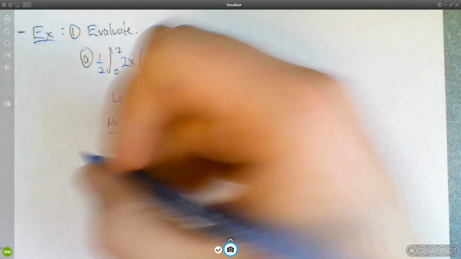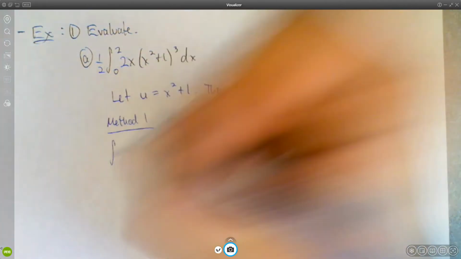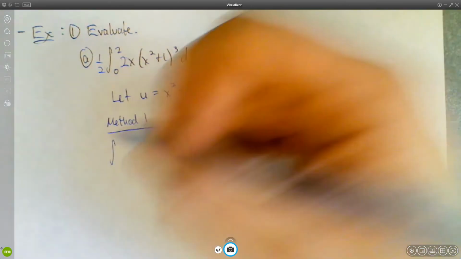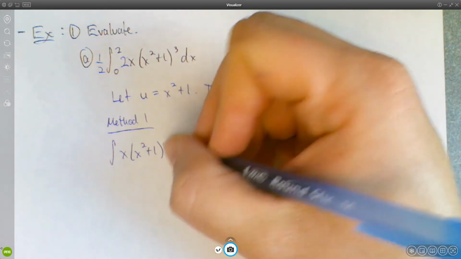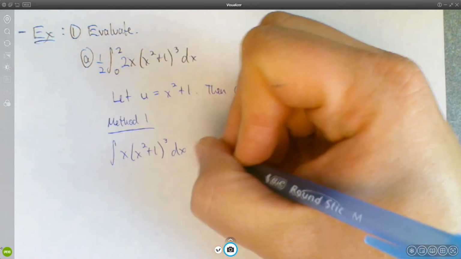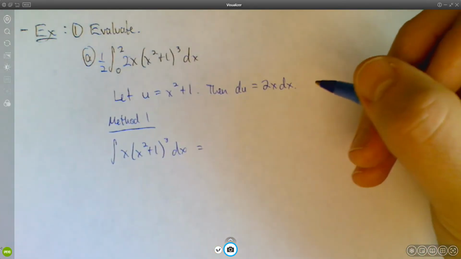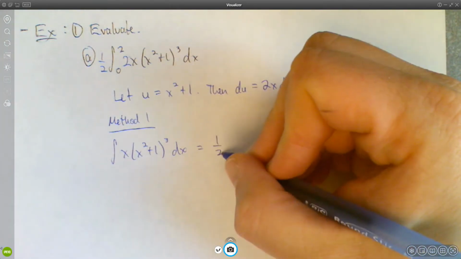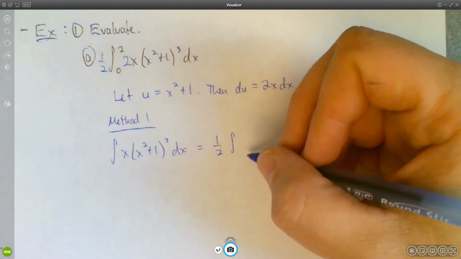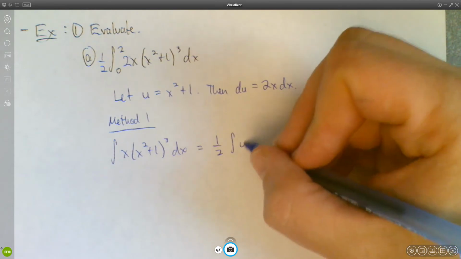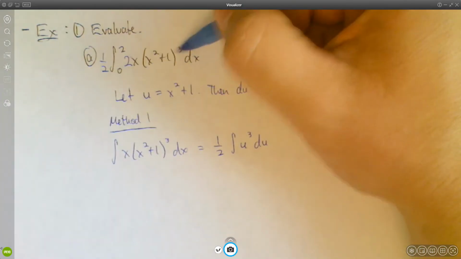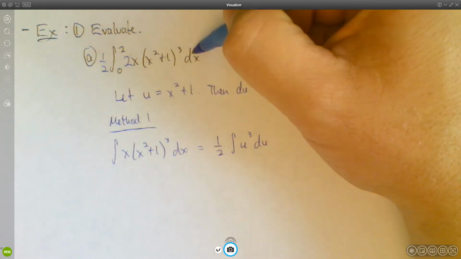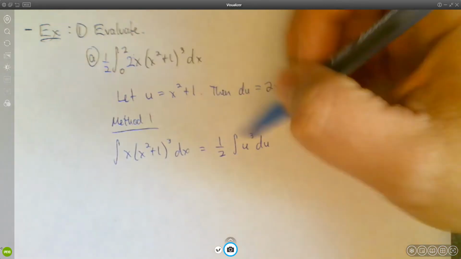then I would say, all right, I'm just going to evaluate the indefinite integral and say x times (x squared plus 1) cubed dx is equal to 1/2 times the integral of u cubed du, right? We replace this with u. This 2x dx is du, right?